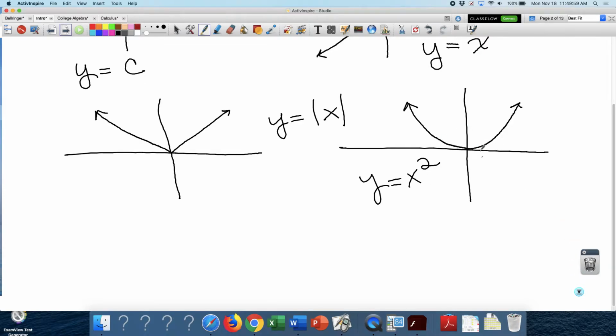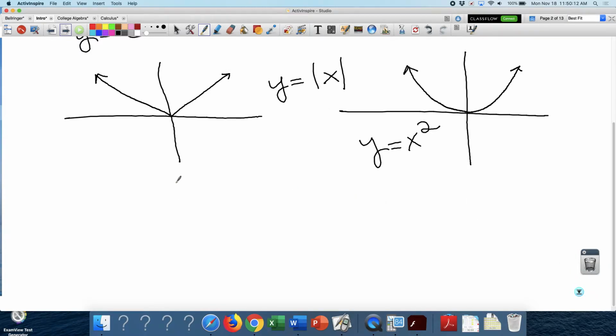All right, you should know this one. Now, the next one you may not know, but you will as soon as I give you a hint. Look at this.